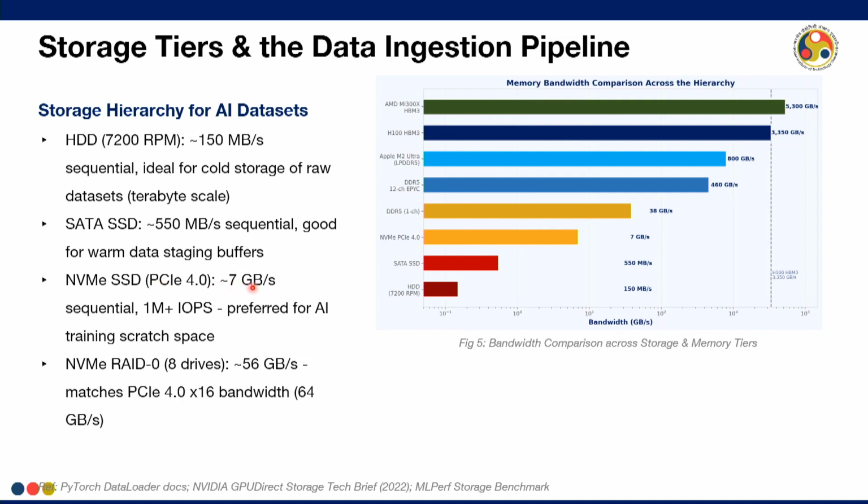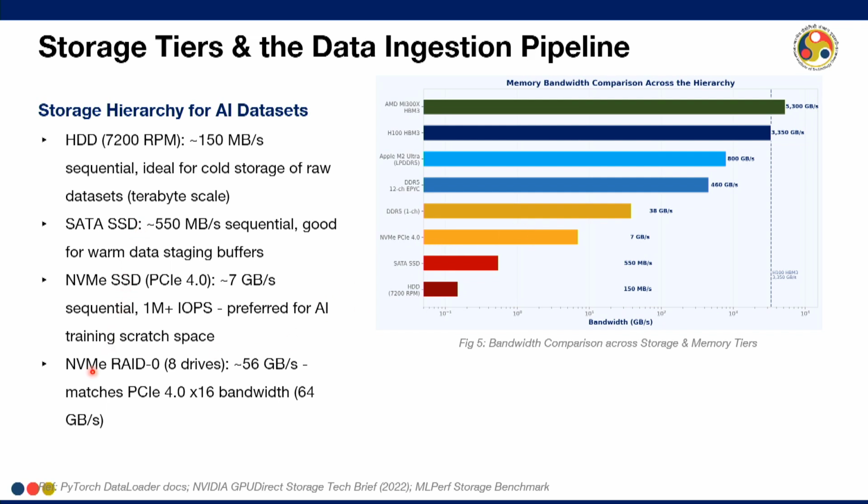So it's the same SSD technology, but now using NVMe on PCIe 4.0, which gives you 7 GBps in place of around 500 MBps with a SATA SSD. Okay, so this is the common SSD in your laptop or desktop.